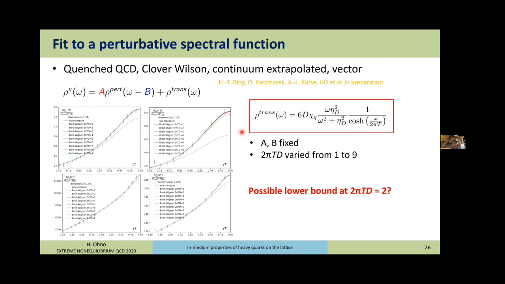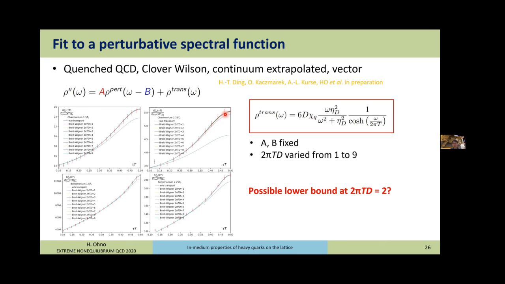Then still our spectral function is not so stable. So from this result, at least I get some kind of impression that one can have any value of the transport, any shape of transport peak, but that is not true, right?